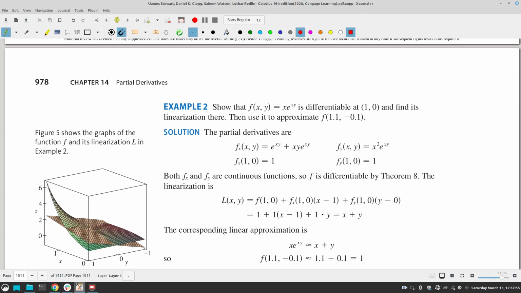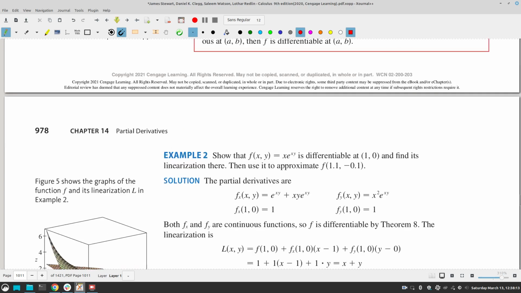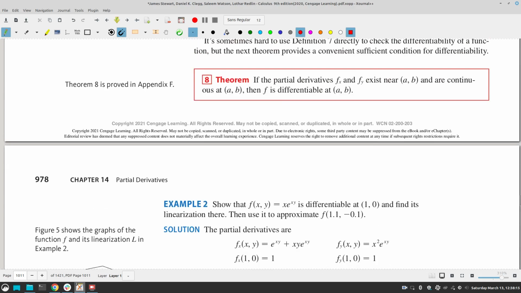Well, we find fx(x,y) and fy(x,y). Now fx is e to the xy plus xy e to the xy, and fy is x squared e to the xy. These functions exist everywhere on R2.